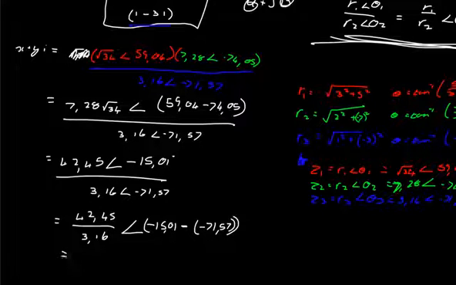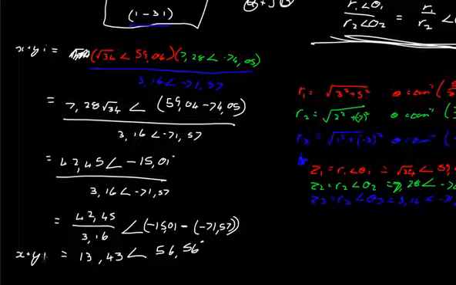Okay, so let's just do the calculation. 42.45 divided by 3.16 is 13.43 angle. Let's do that subtraction there. Minus 15.01, and here we've got minus times a minus, so plus 71.57 is 56.56 degrees.